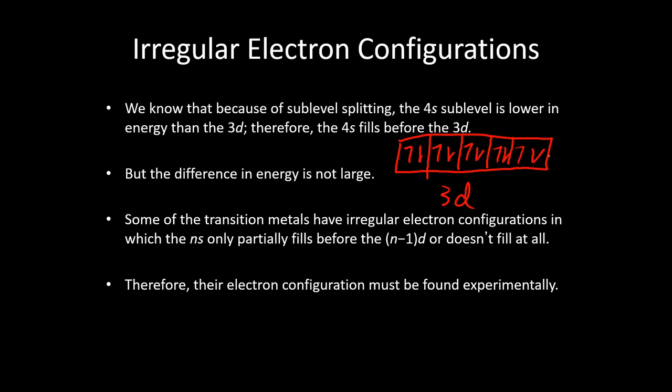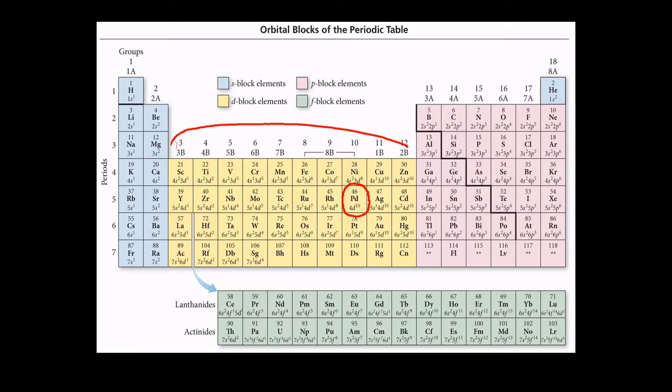One or the other is more stable than having it 1 off or 2 off from being full or half full. And so sometimes you will see irregular configurations where it will pull electrons one way or another to get that half full or completely full configuration. This doesn't always happen, but it is a fairly regular thing.